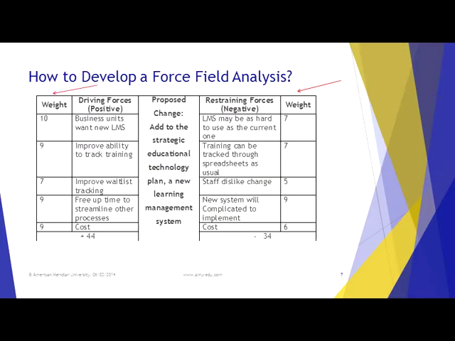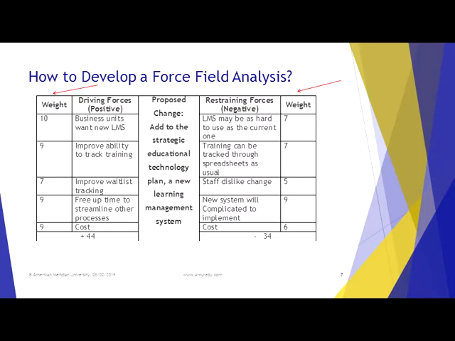Now let's talk about scoring the force field analysis. To the sides of the driving forces and the restraining forces, you see weights. On this force field analysis, we're using a 1 through 10 scale, 10 being the highest, a 1 being the lowest.